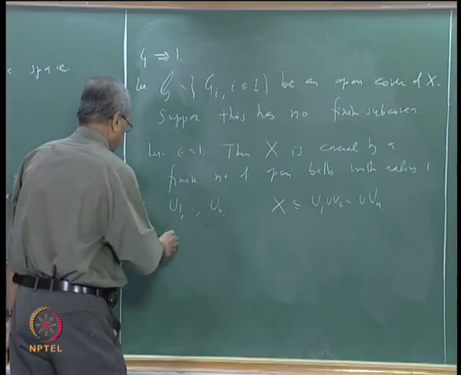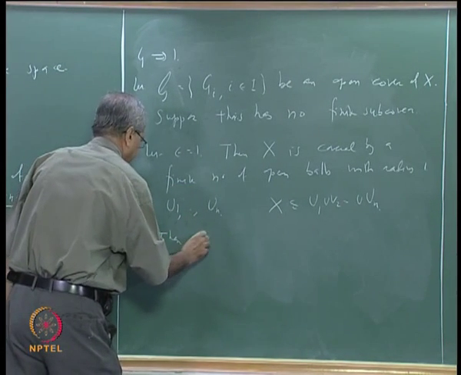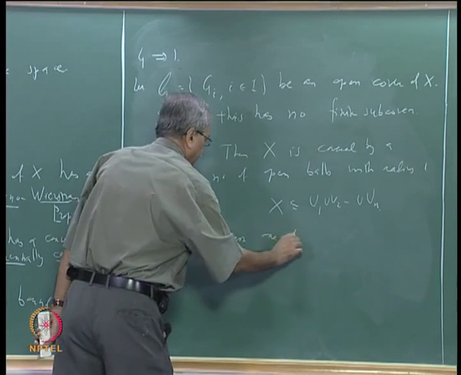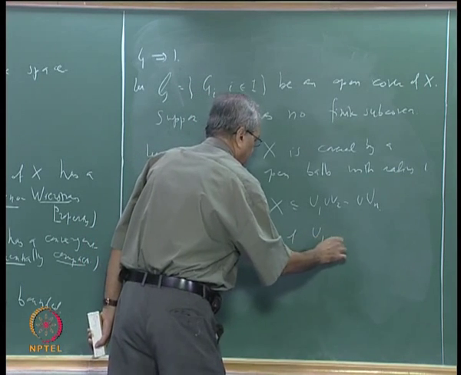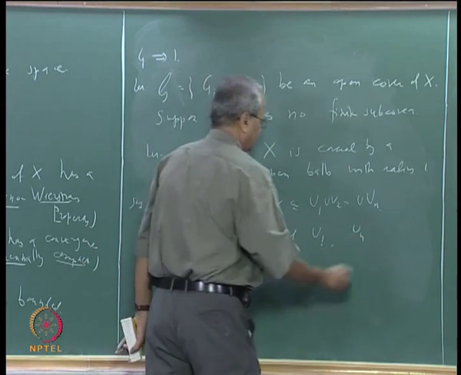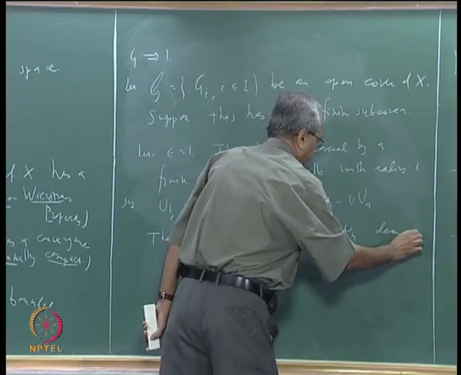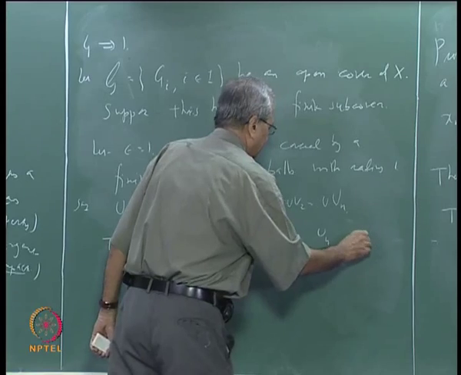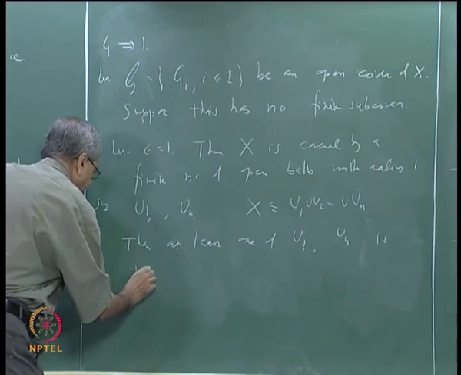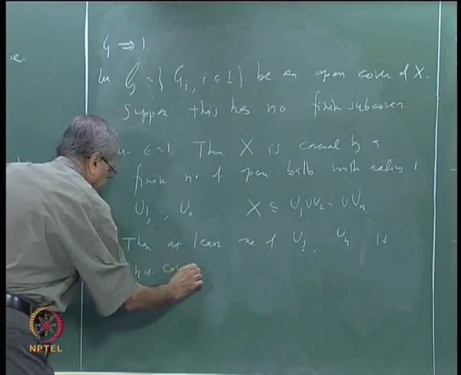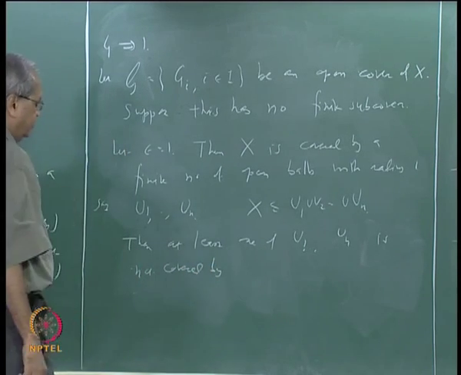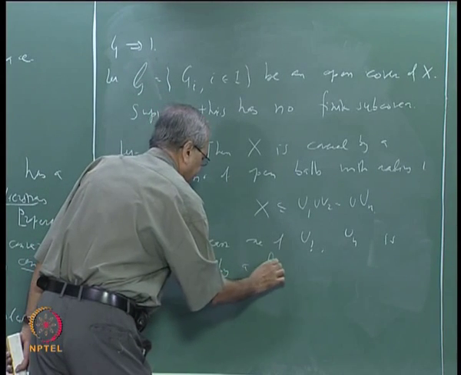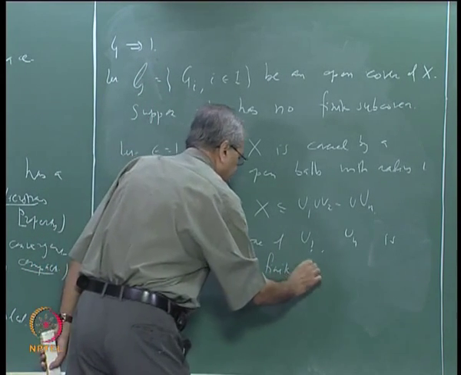Then at least one of u1, u2, un is not covered by a finite subfamily of G, finite.